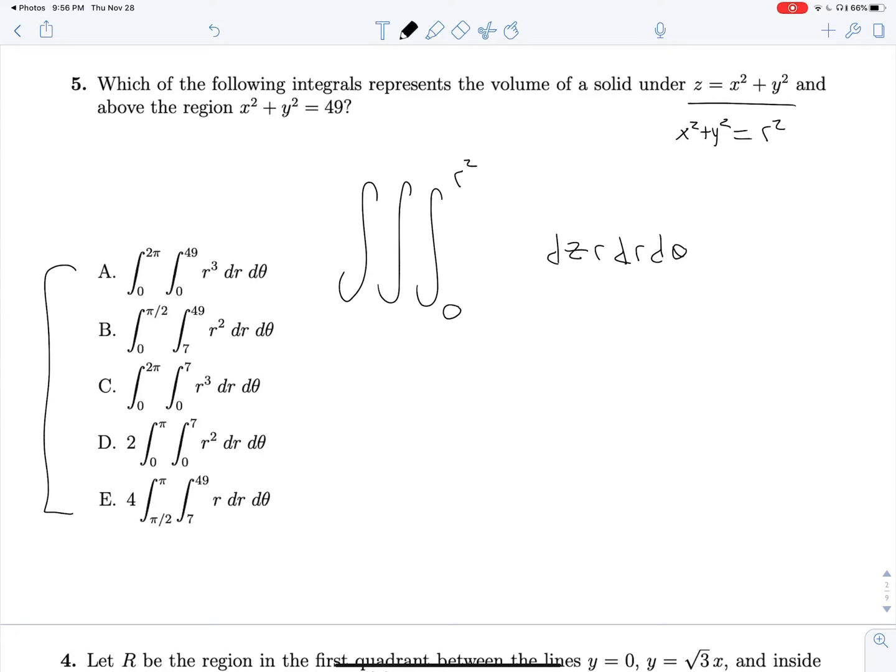Well, we're above this region, and as it turns out, that'll just give us our bounds. You can think of this as the maximum size of the shadow that this thing can have.